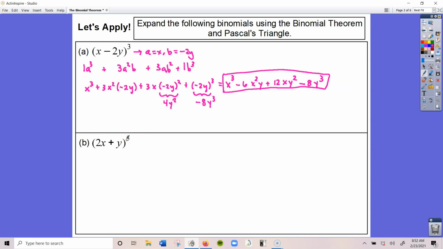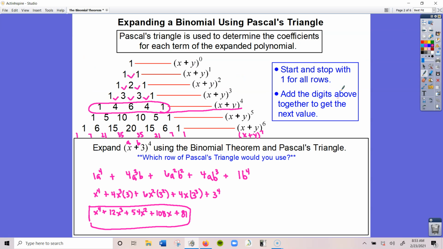And especially with this one, we have 2x plus y raised to the 5th. So now let's see which row of my Pascal's triangle I would need to use. To the 5th, we are using 1, 5, 10, 10, 5, and 1. So that is my row.